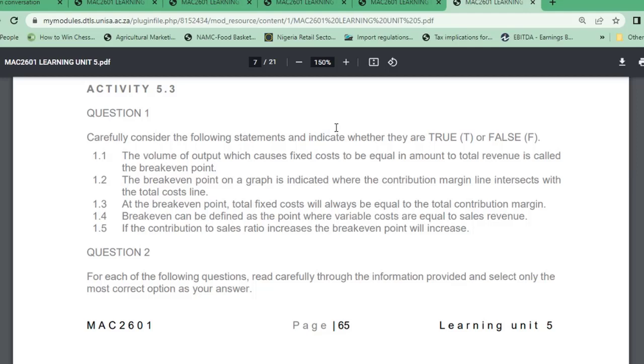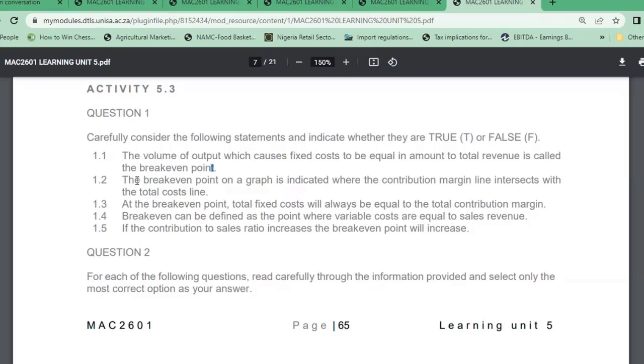So I repeat, the volume of output which causes fixed cost to be equal to your total revenue is called break-even point. Is it true or false?